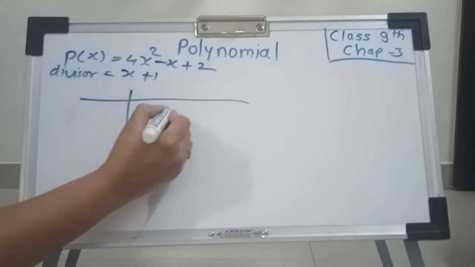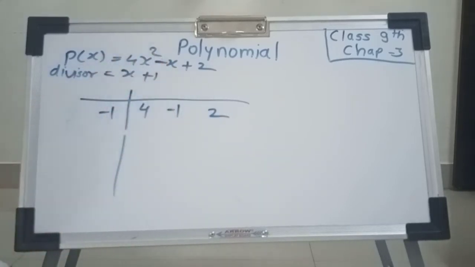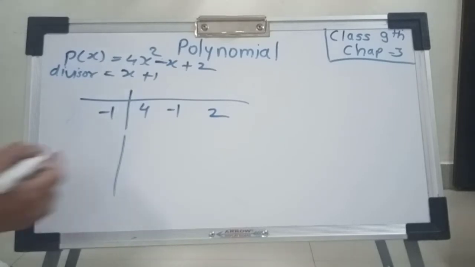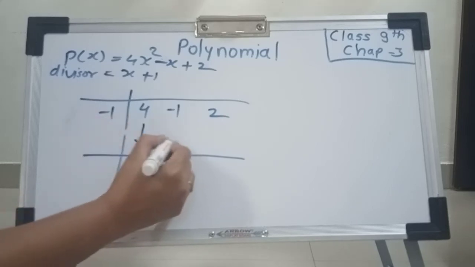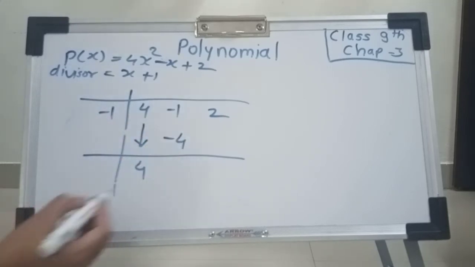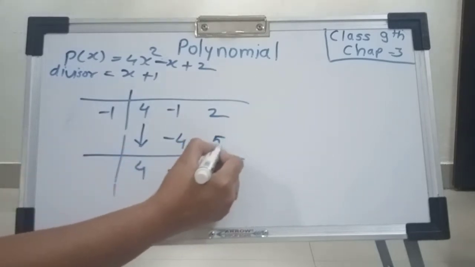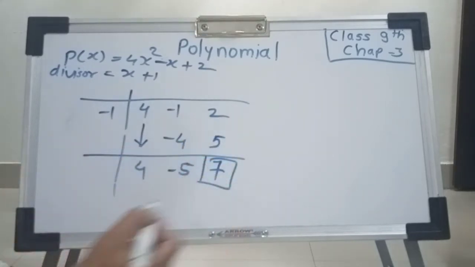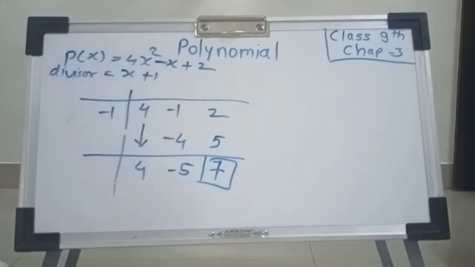Write the coefficients 4, minus 1, 2, and taking the opposite of x plus 1, it is minus 1. Write 4 as it is. 4 ones are 4, minus 4; minus 1 minus 4 is minus 5; minus 5 times minus 1 is plus 5; 5 plus 2 is 7. So 7 is our remainder when 4x square minus x plus 2 is divided by x plus 1.